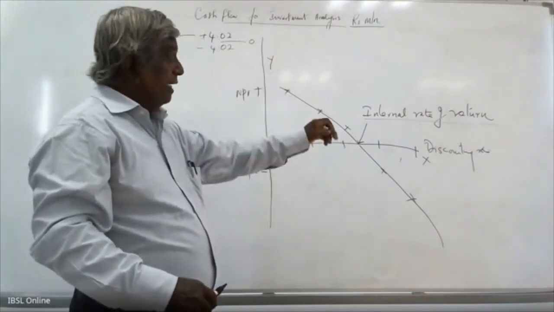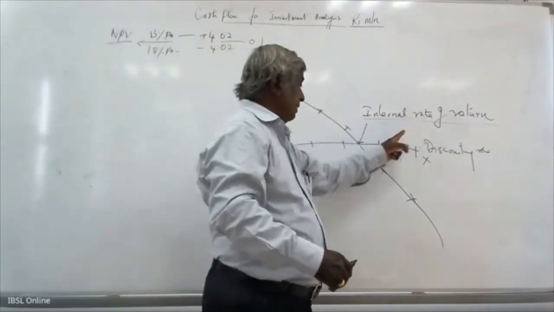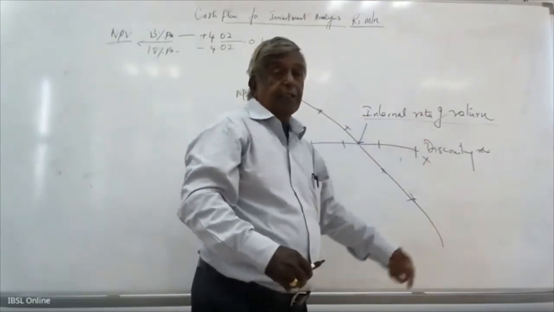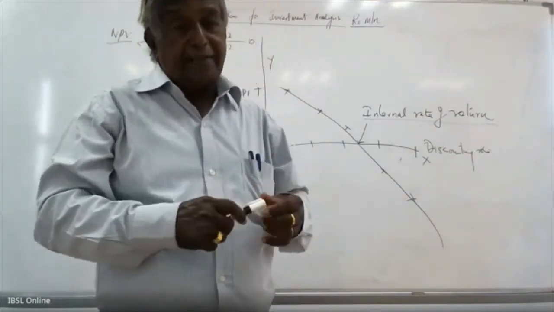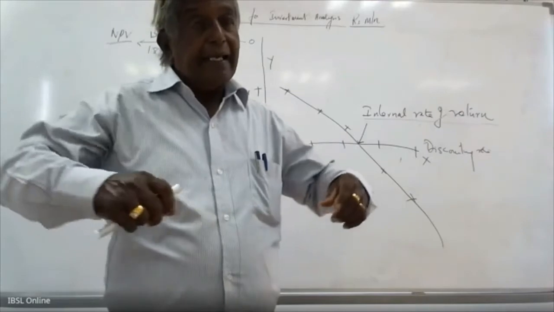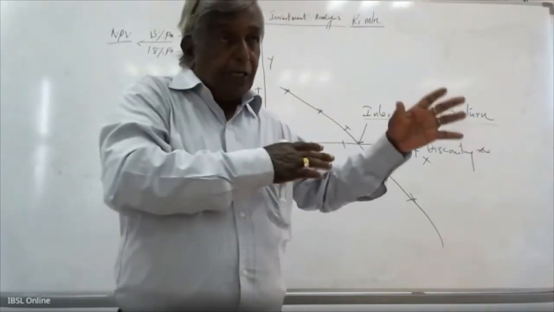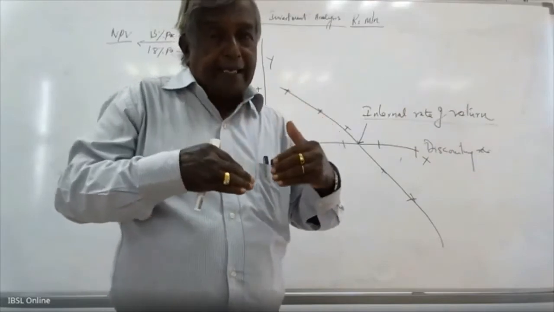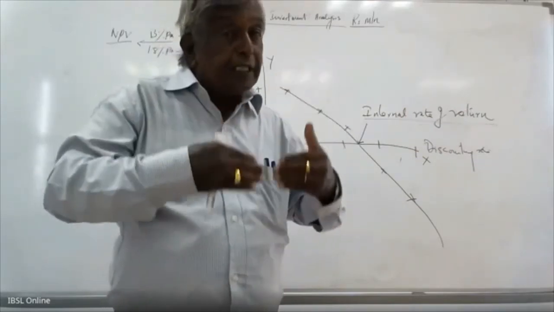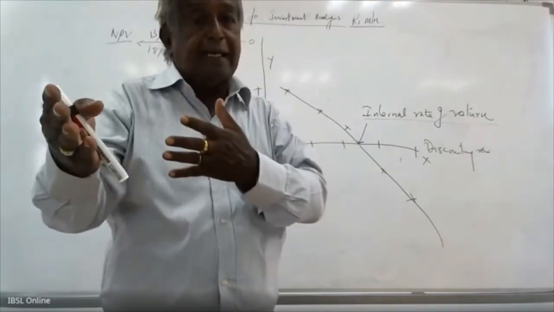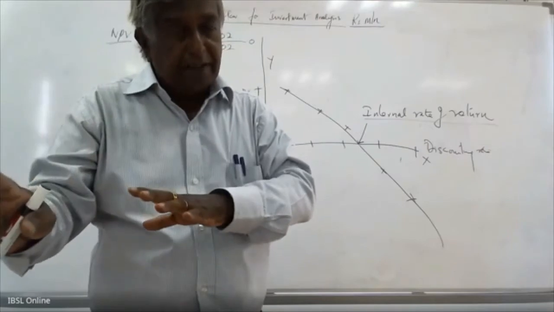If the borrowing rate or the discounting rate is more than the internal rate of return, the project is not beneficial. So when you calculate the IRR, if the borrowing rate is less than the IRR, the project is beneficial. If the borrowing rate is more than the IRR, the project is not beneficial.